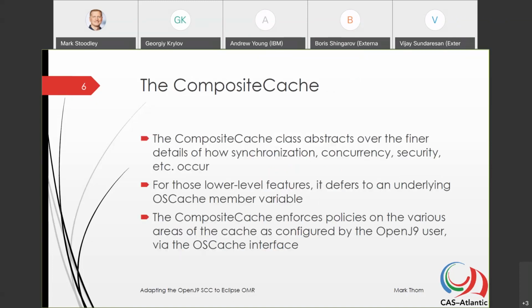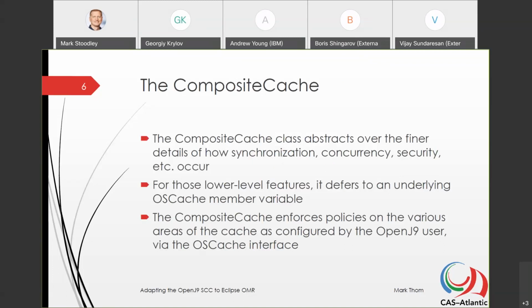If we move up one layer of abstraction above the OS cache, we find the Composite Cache, which actually implements the various techniques for synchronizing, primarily, synchronizing and allocating memory to different parts of the cache.